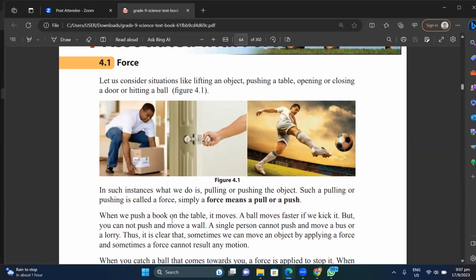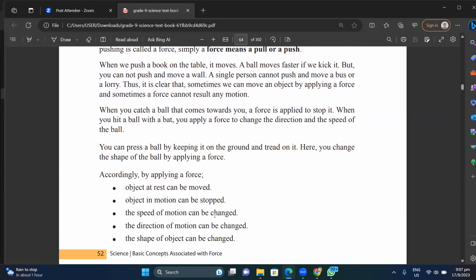All these are possible by providing a force. Okay, so let's see what is given in the book. When you push a book, it moves. When you kick a ball, it changes direction, maybe moving some other way. When you provide a force, you can stop a ball, right? You can stop the motion.